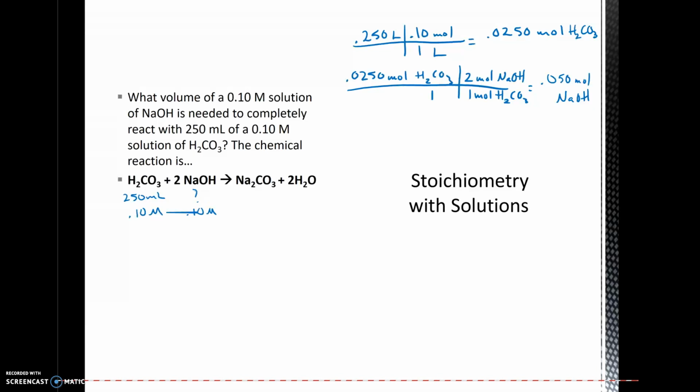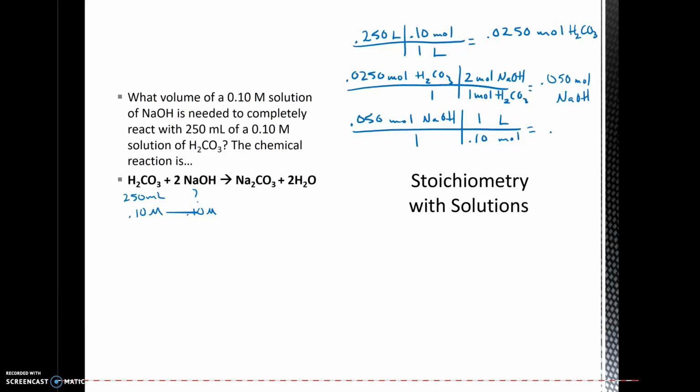And then we'll finish by multiplying by the concentration. So we're going to do our final step, which is 0.050 moles of NaOH. And we're looking for a volume, so we're going to put liters on top, moles on the bottom, and we know that this is a 0.10 mole per liter, or a 0.1 molar solution.